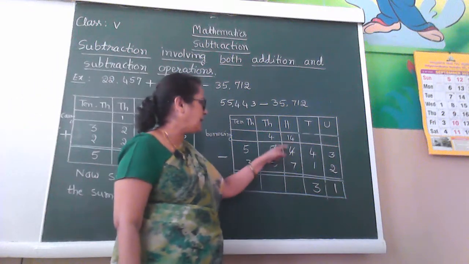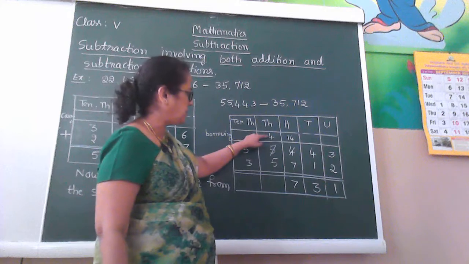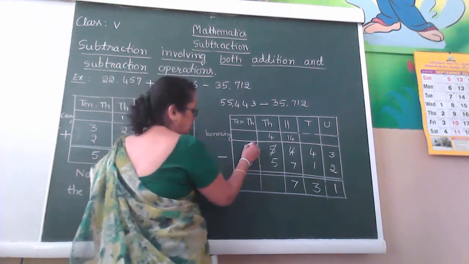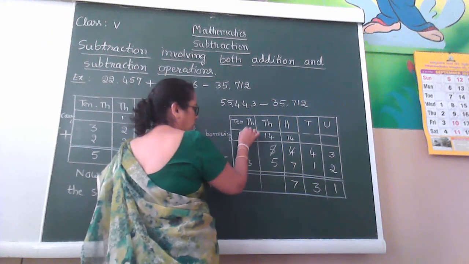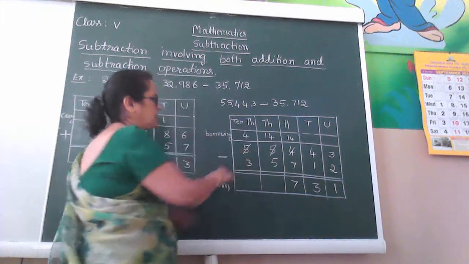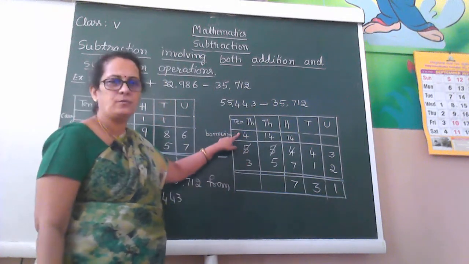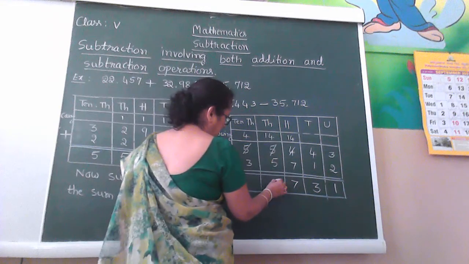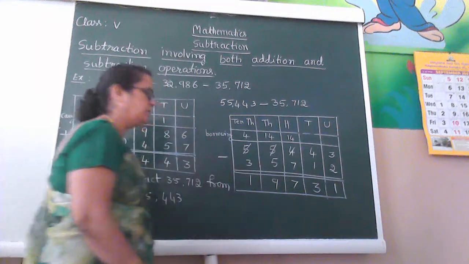Now 14 minus 7 is 7. Again can you subtract 4 minus 5? It is not possible. So borrow 1 from 10,000 place, it becomes 14 and 1 less means already borrowed here. So 1 less means it becomes 4. Again 14 minus 5 is 9. 4 minus 3 is 1.